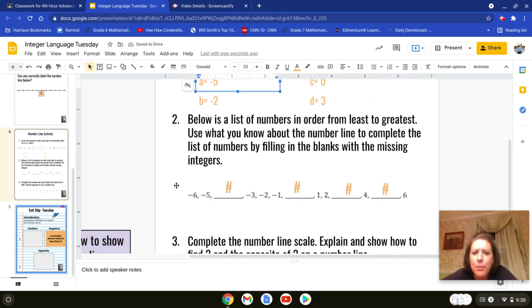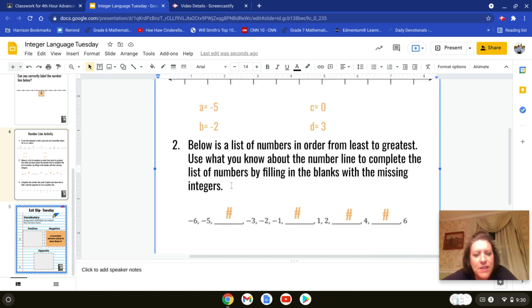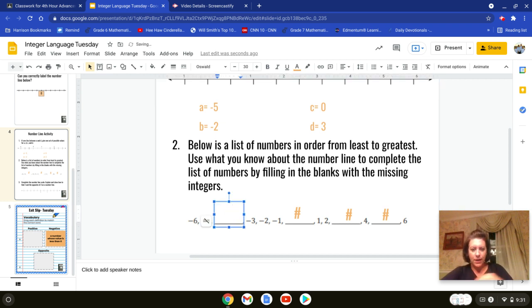Then it says if you were to put these numbers in order from least to greatest, what numbers are missing? -6, -5. What would go next if the next number is -3? That'd be -4. So -6, -5, -4, -3, -2, -1. What's next? 0.